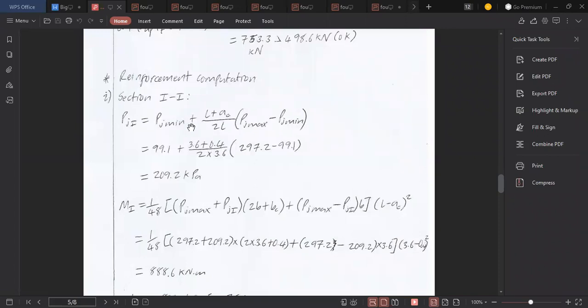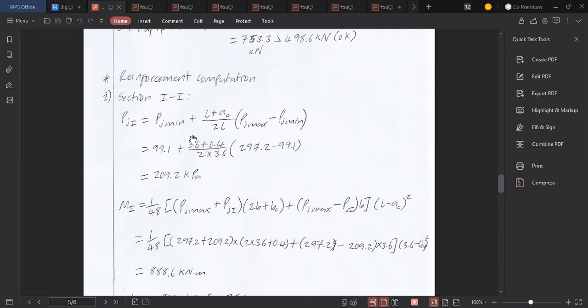So in section 1.1, we have PJ. Remember those PJ, we calculated PJ max and PJ mean, right? So PJ1 is equal to PJ mean plus the distance, this is one side of the column over 2, times the open bracket PJ max minus PJ mean, the maximum and the minimum.